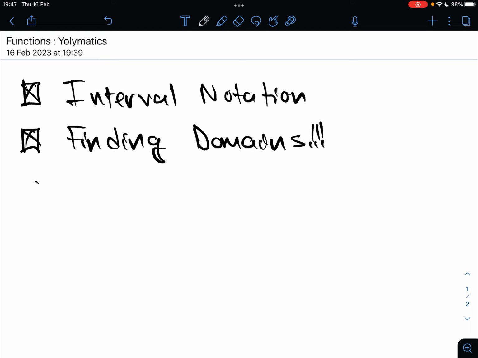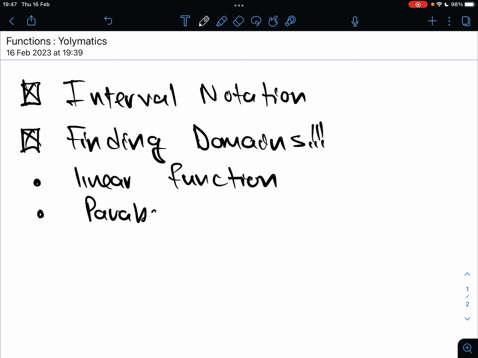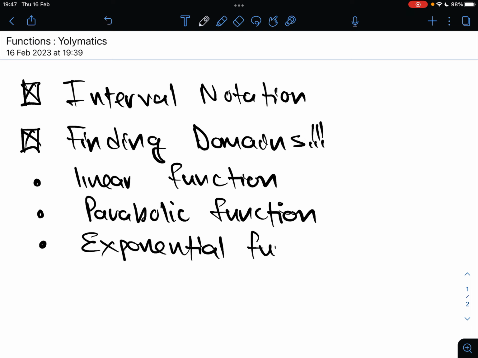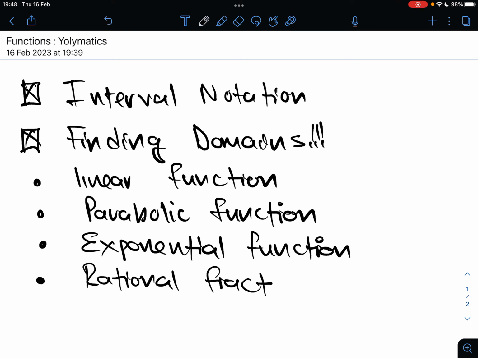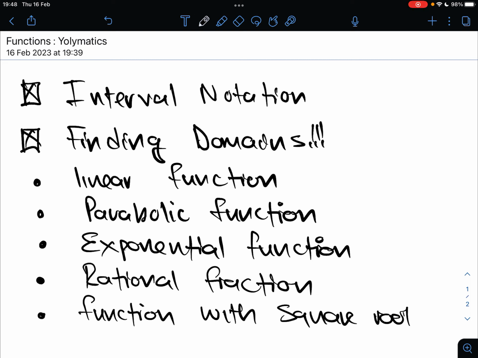More specifically, we'll look at domains of the following set of functions: a linear function, a parabolic function, an exponential function, a rational fraction, functions with square roots, and also logarithmic functions.